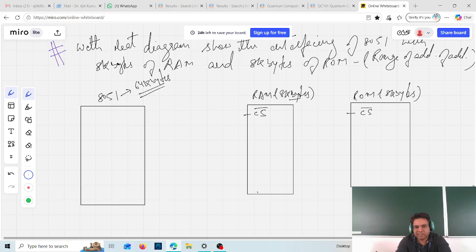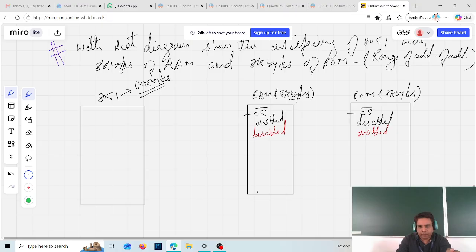For this purpose, the chip selection pin is there. Whenever this RAM is enabled, at that time this will be disabled, or when this is enabled, at that time the other will be disabled. So this is how it is going to work, and we have to understand this.